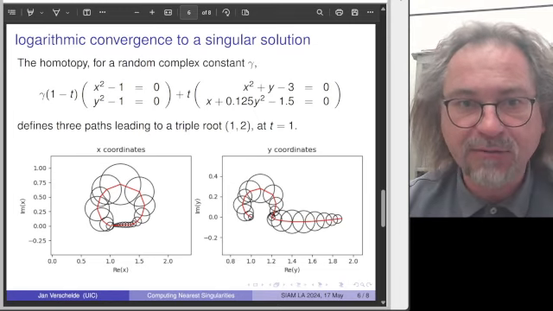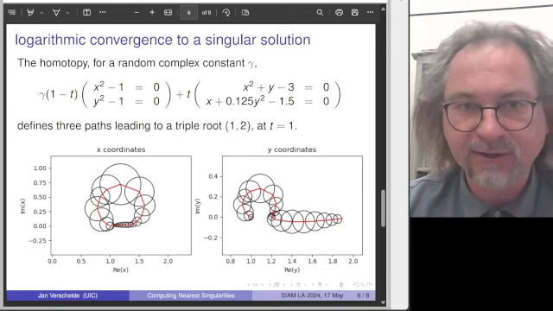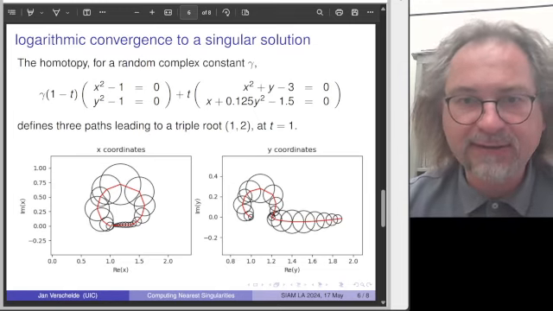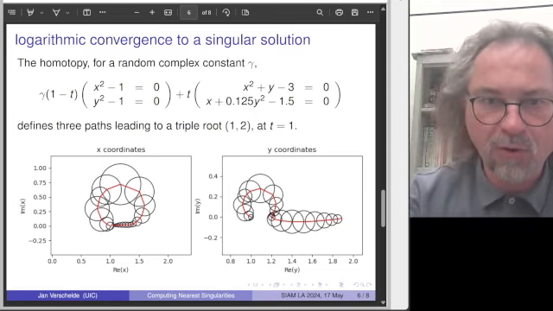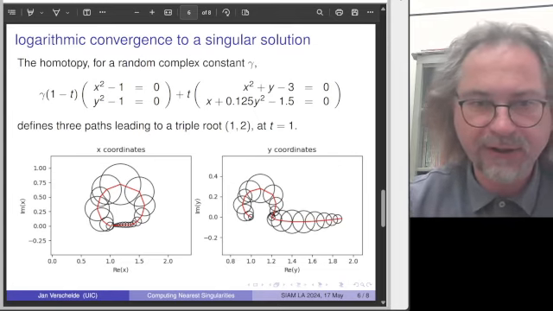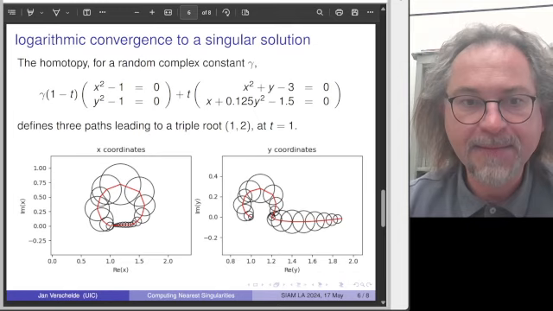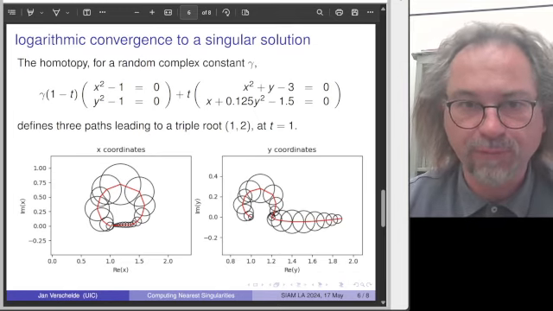So at t equals 0, you start at 1, 1 as one of the roots. And then at t equals 1, you follow the paths, and the paths are shown here in the complex plane. You end up at 1, 2 for 3 of the 4 paths.